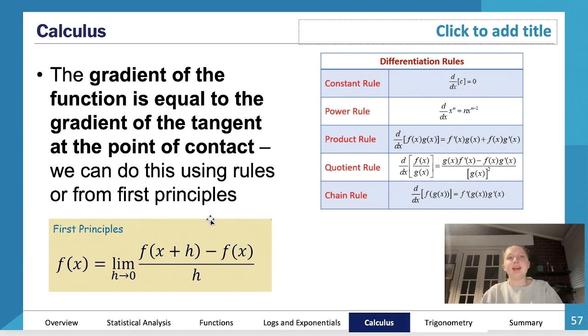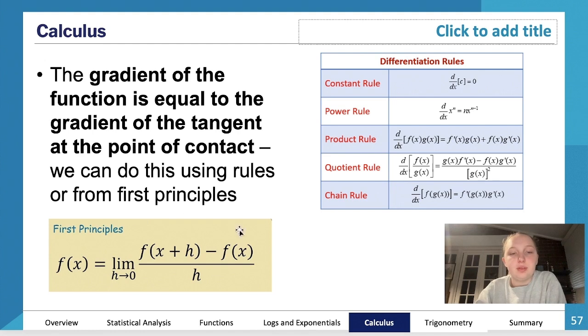And if you ever get into an exam and you don't get given this formula, but the question specifies you have to do it by first principles, an easy way to start guessing is to remember that you have to have h, and if you can work out what the differentiation of the question is beforehand, then you can start guessing how you can end up at that answer using first principles.